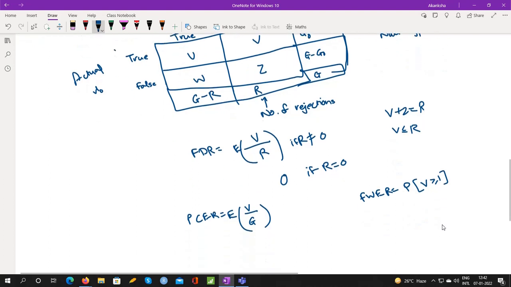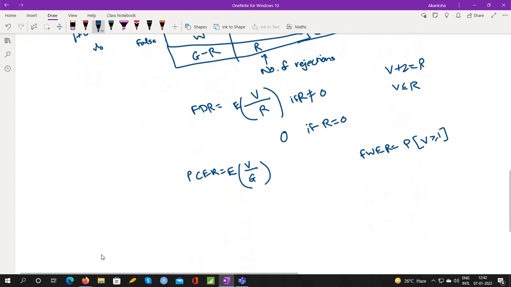First, let us try to see between PCER and FWER. If V is equal to 0, then what happens? PCER is 0, and FWER is also 0, correct?